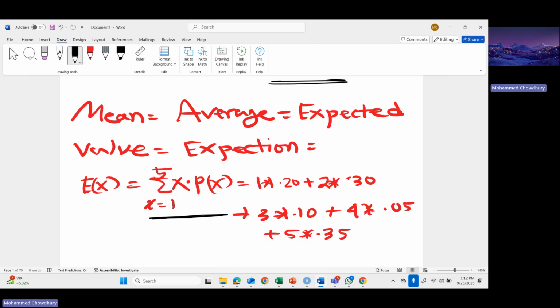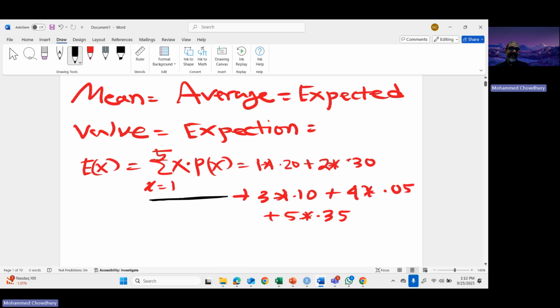That will be wrong. This is your probability distribution, and you are asked to find the average of the random variable x, so you have to apply this formula. This is the expected value.